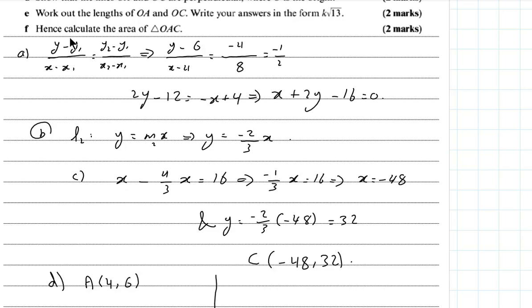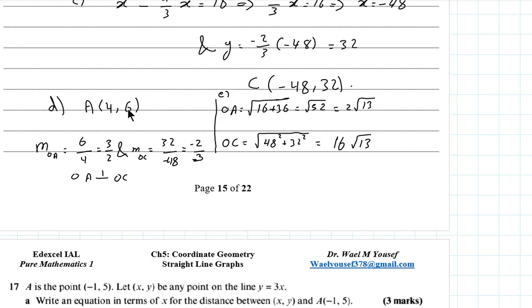E, work out the lengths of OA and OC, write your answer in the form k root 13, and finally find the area of triangle OAC. To get the length of OA, it will be square root of 4 squared, which is 16, plus 6 squared, which is 36, and it will be square root of 52, which can be simplified to 2 root 13.